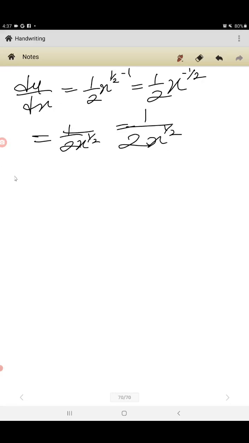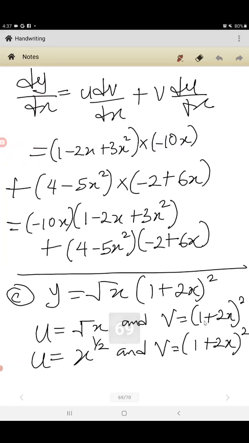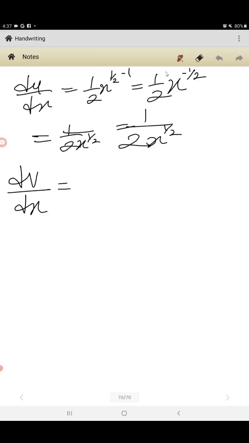So let's find dv/dx now. To differentiate this, it is a composite rule, and there is a little shortcut in the composite rule to make it easy.